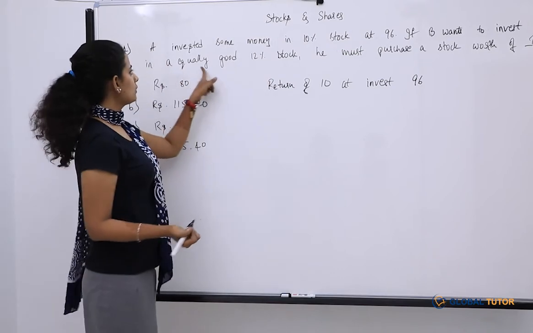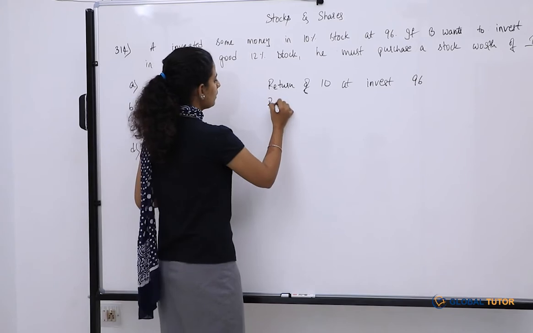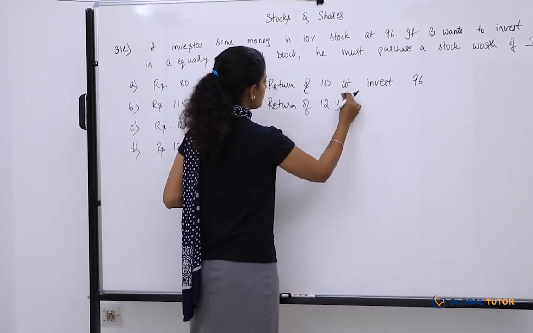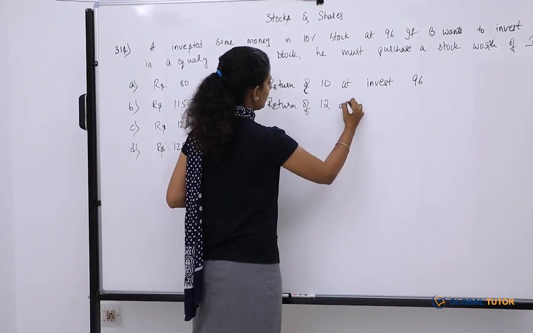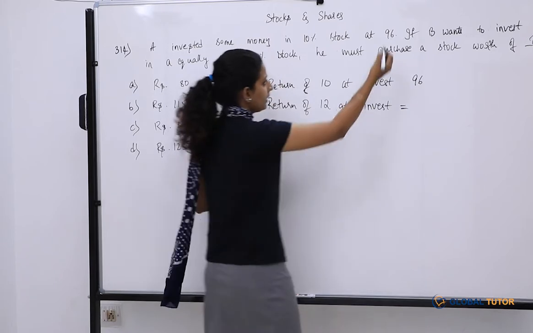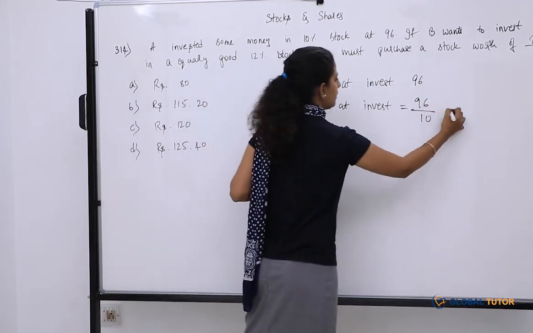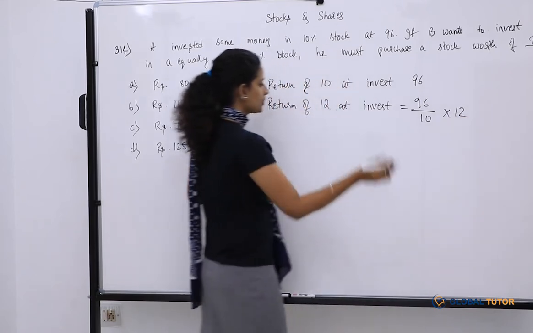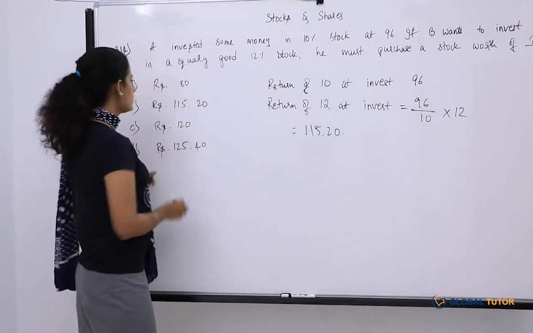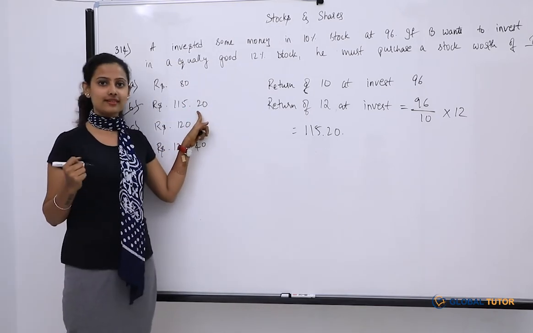If B wants to invest in an equally good 12% stock, so return of 12, 12 at investment will be 96 divided by 10 into 12. So, when you solve this, you get 115.20. So, option B rupees 115.20 is the right answer.